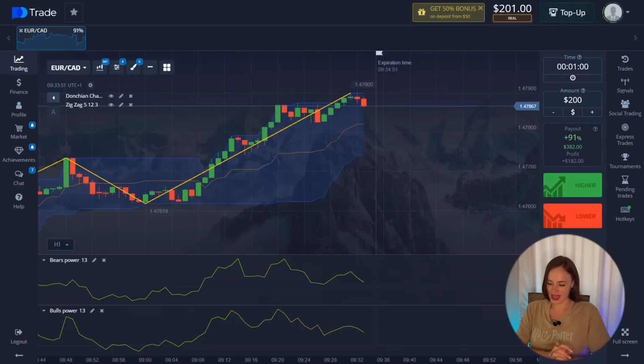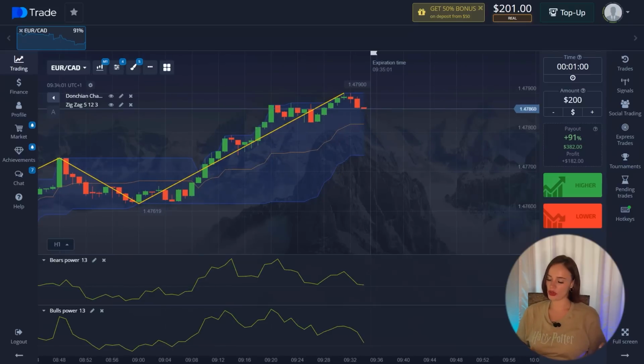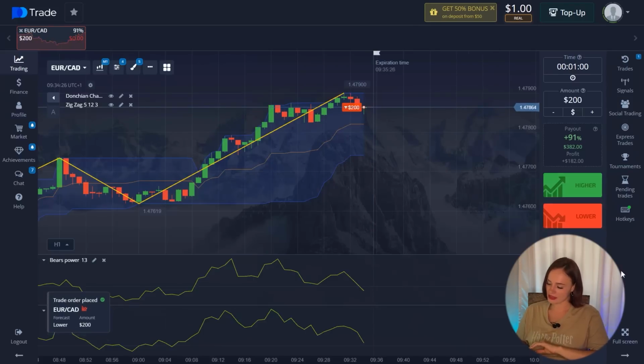As I have said in previous videos, the bearish and bullish power indicators were invented by Alexander Elder, and according to his plan, both indicators should work in pair. Continuing trading, I opened another deal to move lower. This decision was not easy.